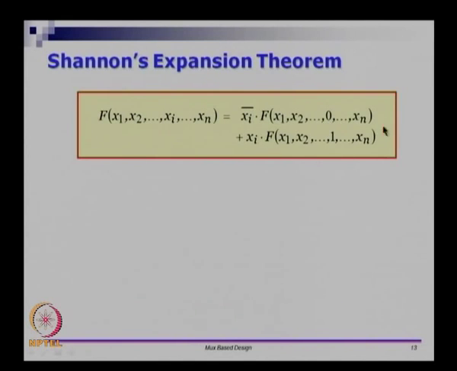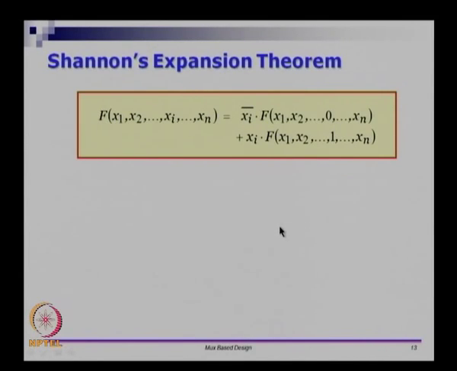Similarly, this one is a function on n minus 1 variables and a constant 1. So we call this the 0 cofactor of f, and this is the 1 cofactor of f with respect to xi. You take the 0 cofactor of f with respect to xi, and it with xi complement. You take the 1 cofactor of f with respect to xi, and it with xi, logically OR these two. Shannon's expansion says you can write this in this form.